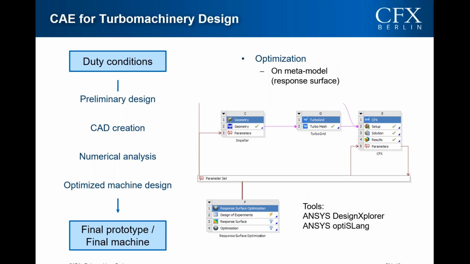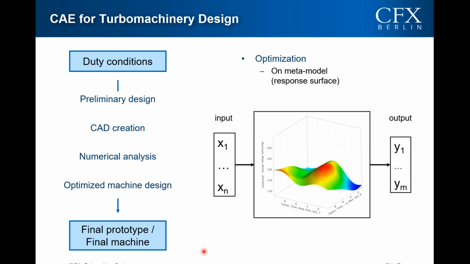So why don't we use an algorithm for this kind of modification? We can connect an optimization tool to the parameter section, namely ANSYS Design Explorer or more advanced ANSYS OptiSlang. So this is the box down here. There are two main optimization approaches.